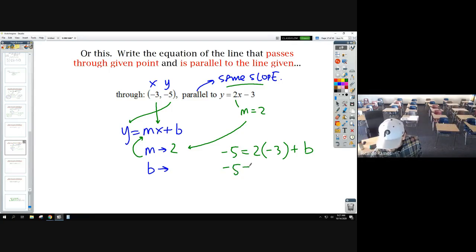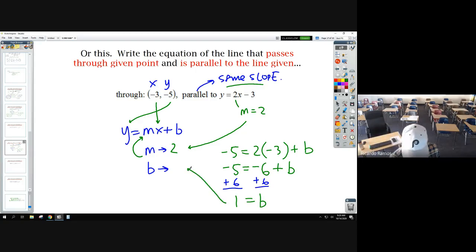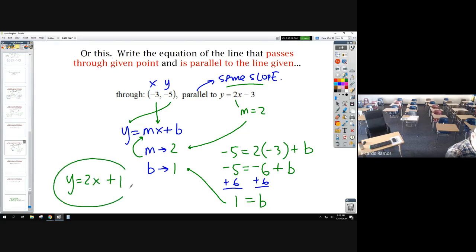So -5 is equal to, that's 2 times -3, -6, plus b. We got to add 6 to solve for b, right? Yeah, you guys got 1, I got 1. There's our 2 pieces. Plug them in to write our equation. Y is equal to 2x plus 1.